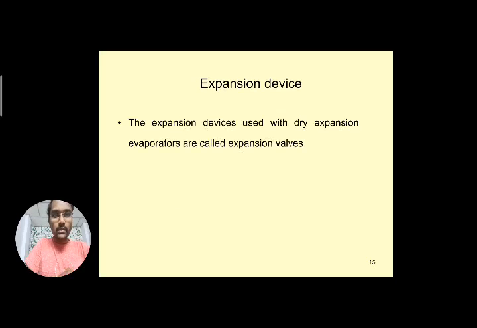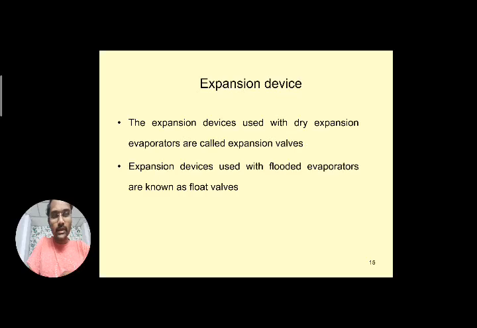Next, expansion devices used with dry expansion evaporators are called expansion valves. Expansion devices used with flooded evaporators are known as float valves. How can we identify that? Take a simple example: your refrigerator has a dry type of evaporator.